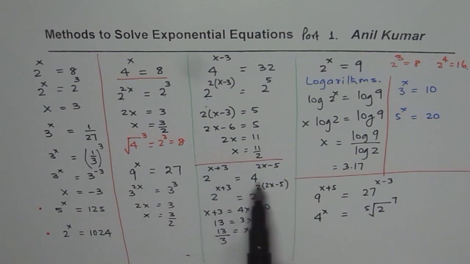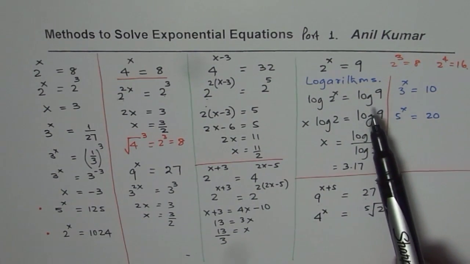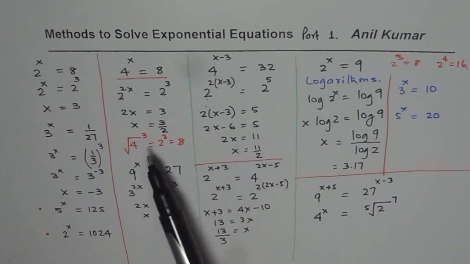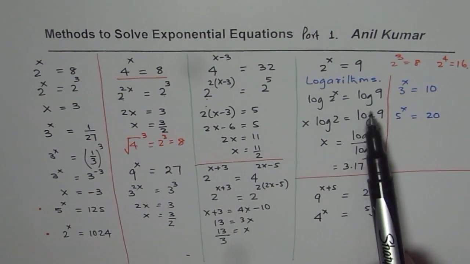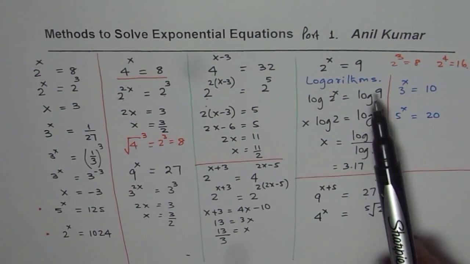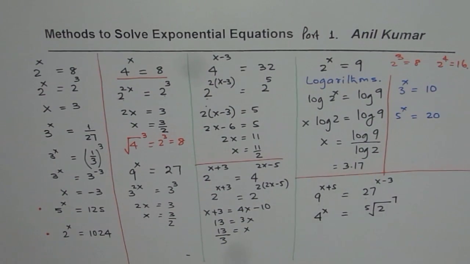So all the examples which I am giving you at present, you can actually solve without logarithms. I have introduced you to logarithms, giving you an idea that all equations cannot be solved by this method, but we'll explore more of this in the next video, right? And we'll also learn the properties of logarithms before getting in there. I hope that helps. Thank you and all the best.